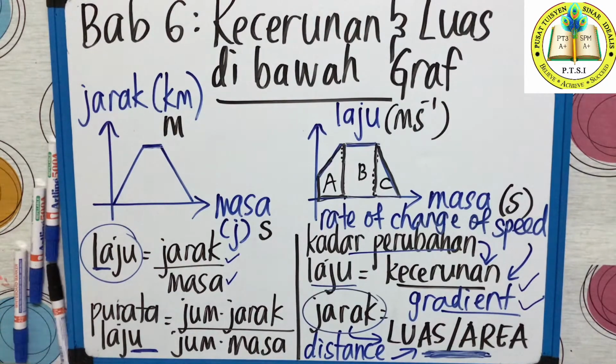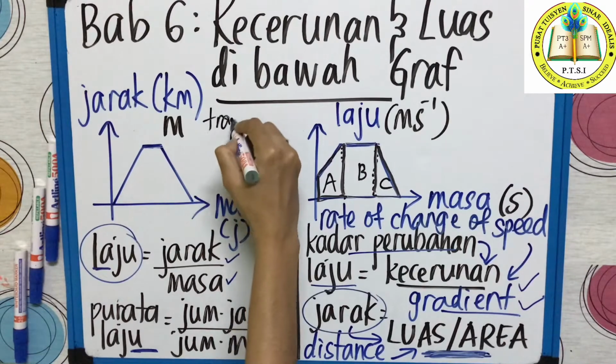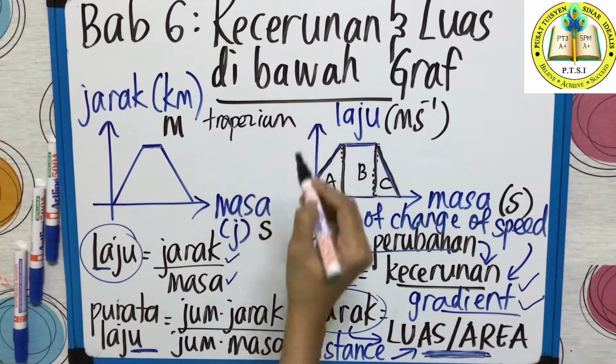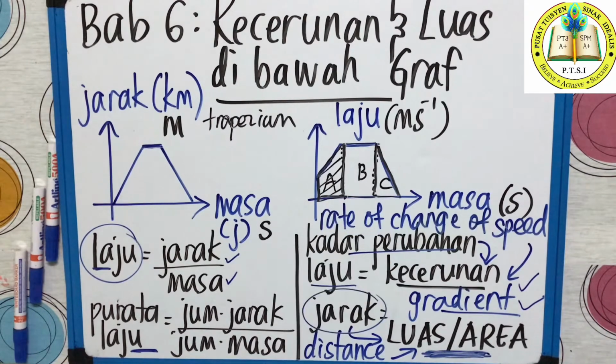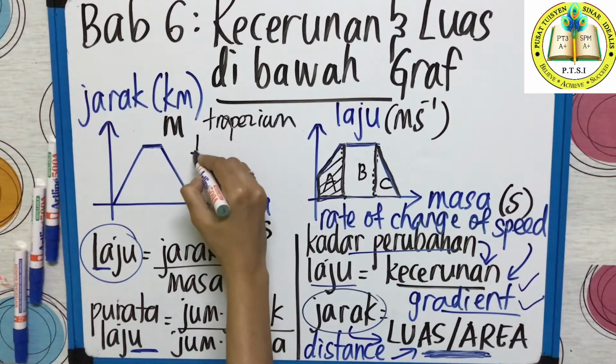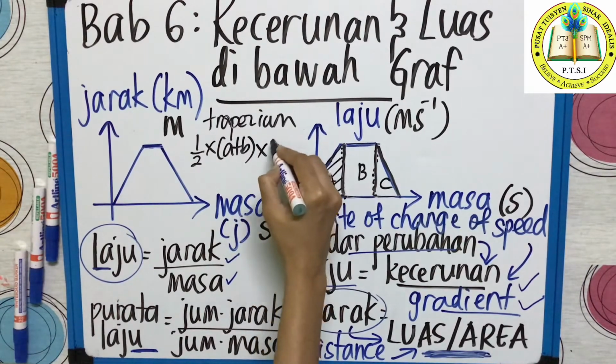So what is the luas formula for trapezium? Sebab yang ni pengenalan. So cikgu bagi tahu semua pengenalan. Apa formula luas untuk bentuk trapezium? Okay, teacher write here. Okay, for trapezium, because this is just the introduction. Untuk trapezium, the area formula for this is 1/2 times A plus B times height.